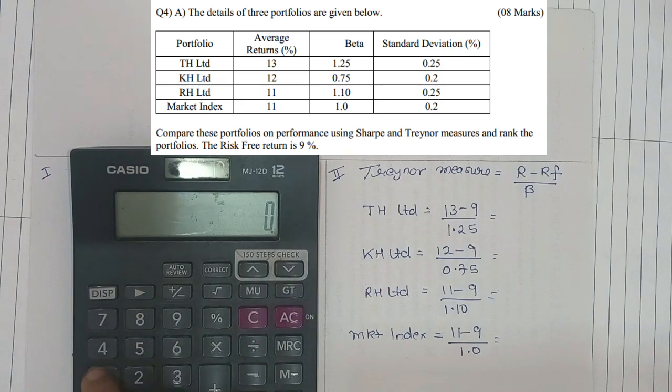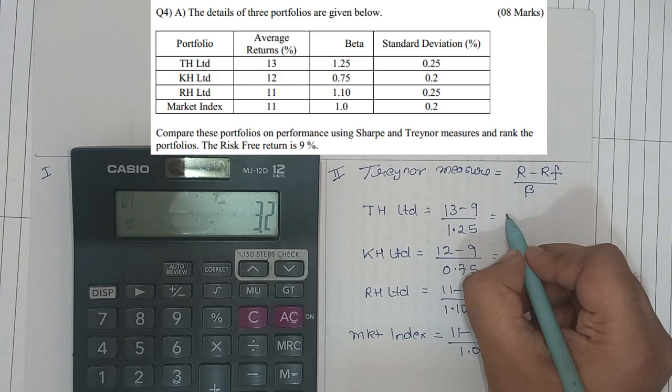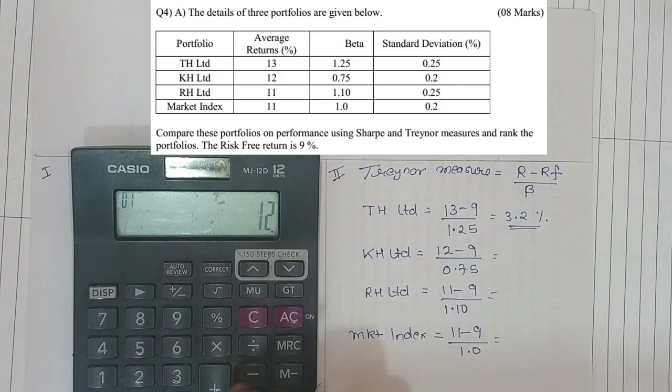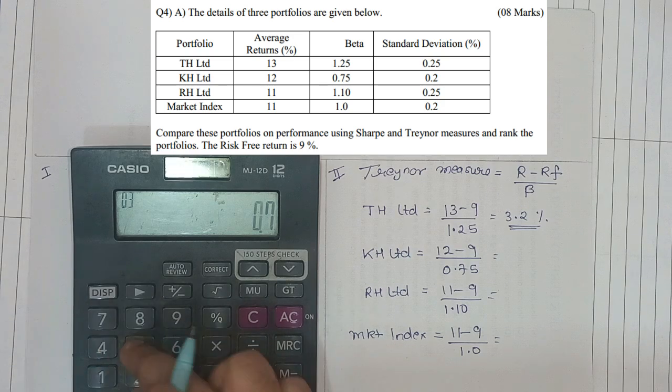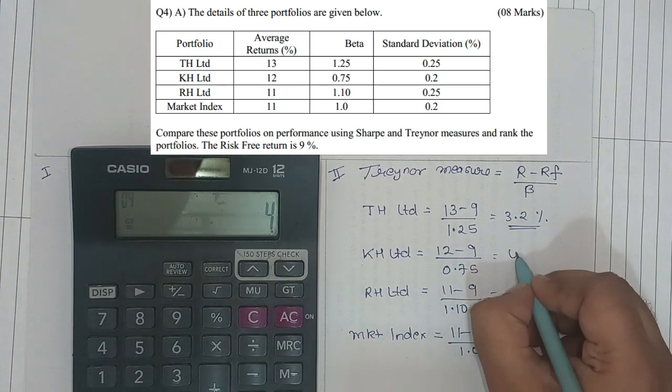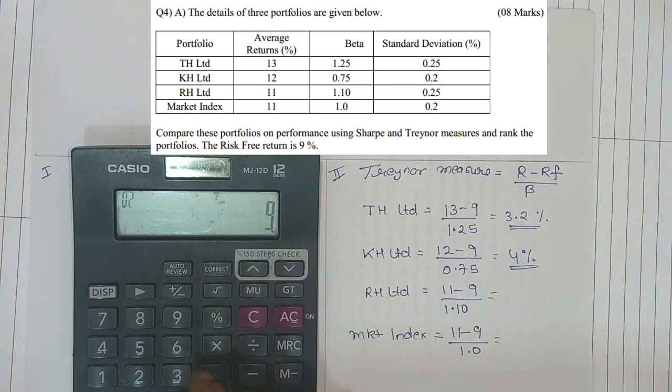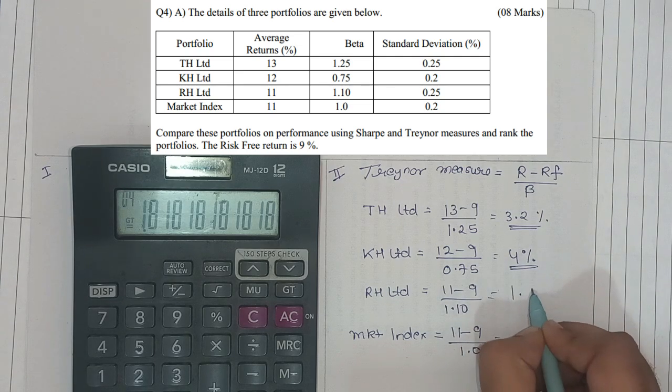So let us find out the values of each now. First is 13 minus 9 divided by 1.25, it comes to 3.2. Next, 12 minus 9 divided by 0.75, which comes to 4%. 11 minus 9 divided by 1.1, which comes to 1.81.